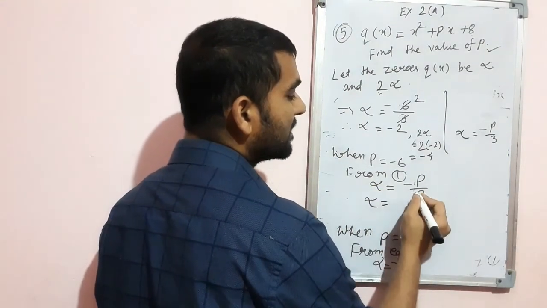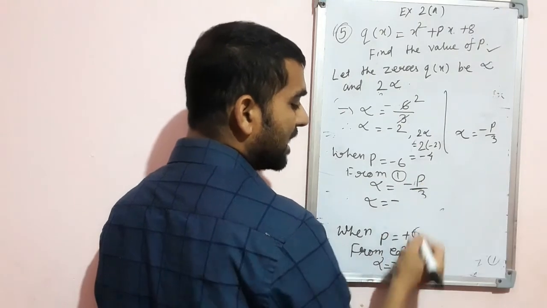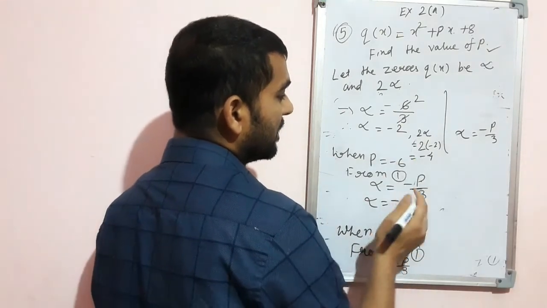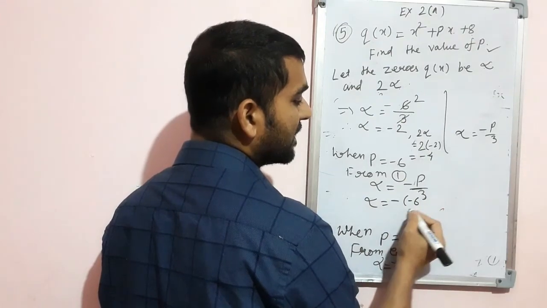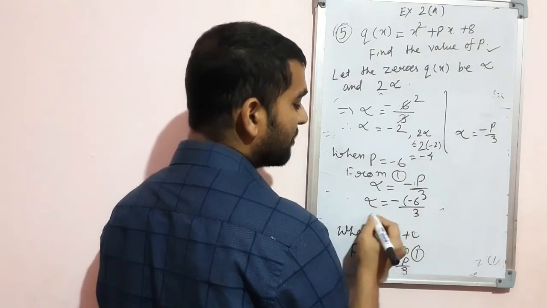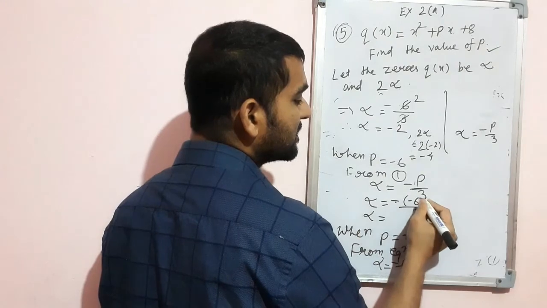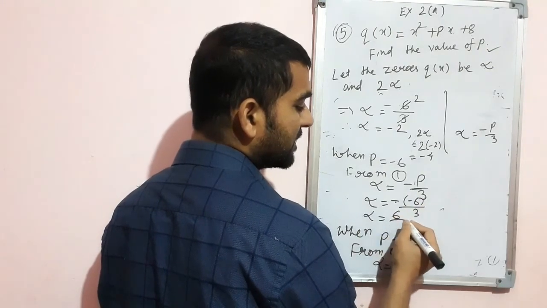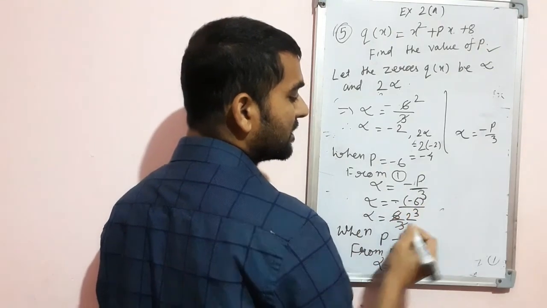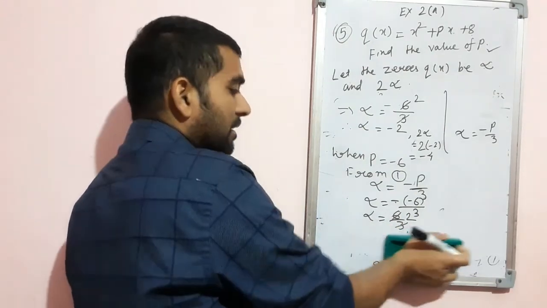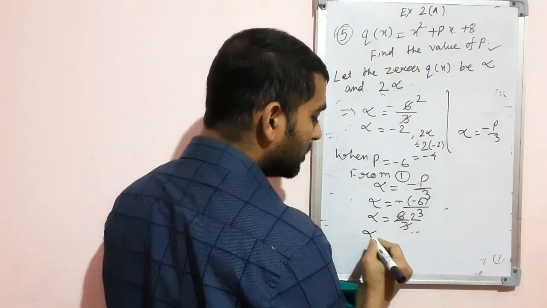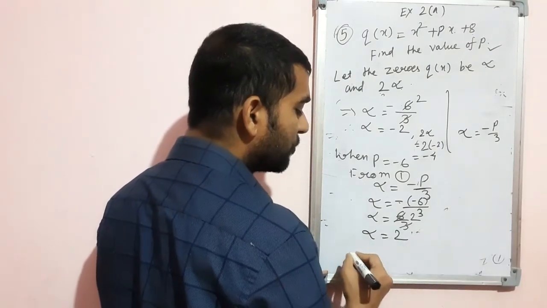Alpha equal to minus p, and p we got as minus 6. So put minus 6 divided by 3. Next step, alpha equal to minus into minus, plus 6 by 3. 3 2s are 6. So the last step: alpha equal to 2.